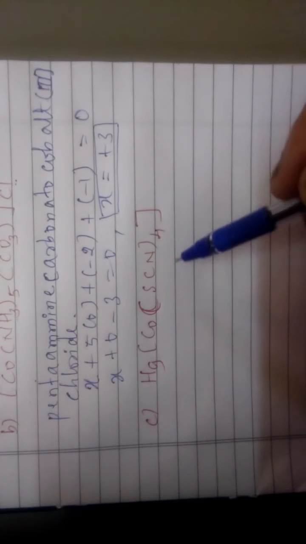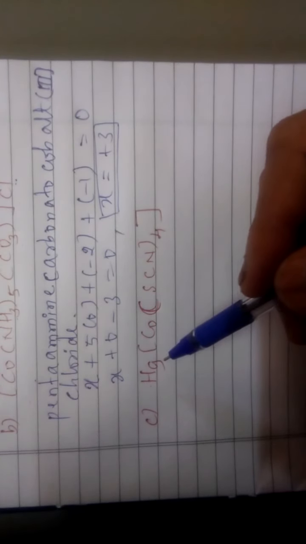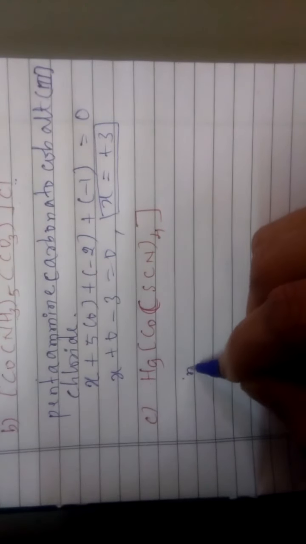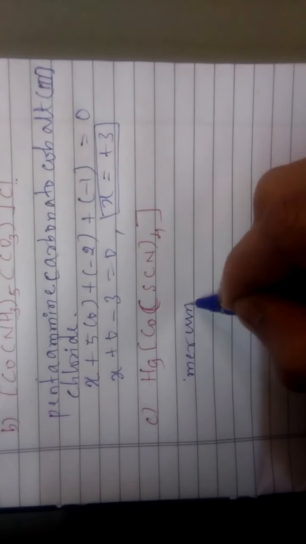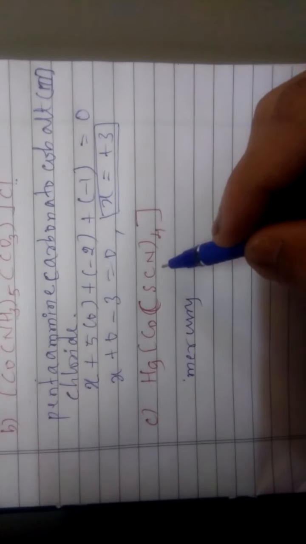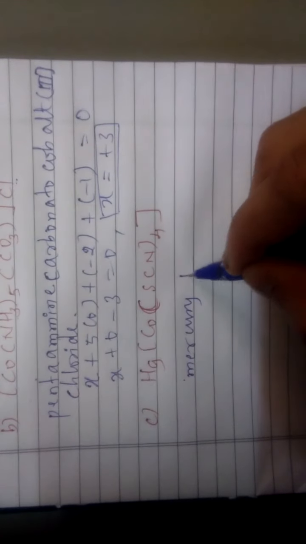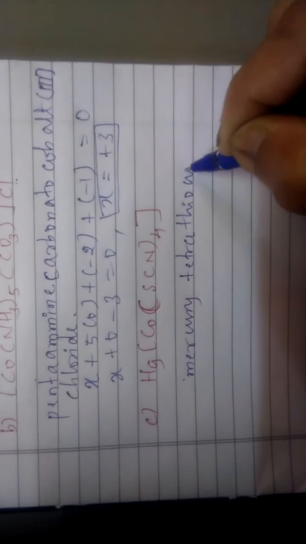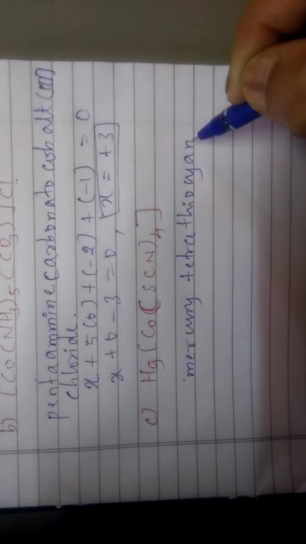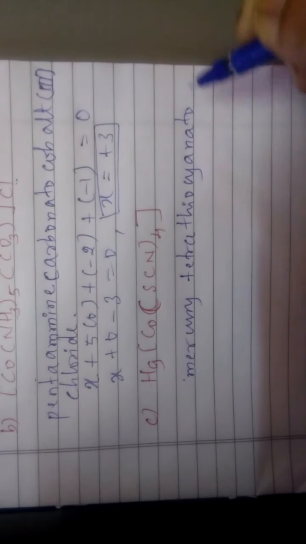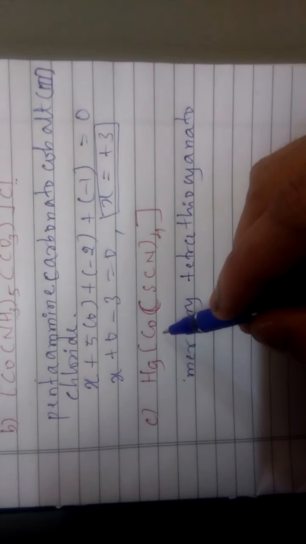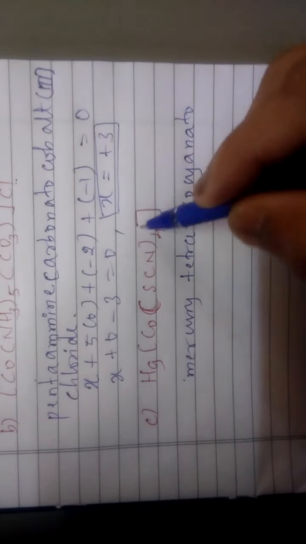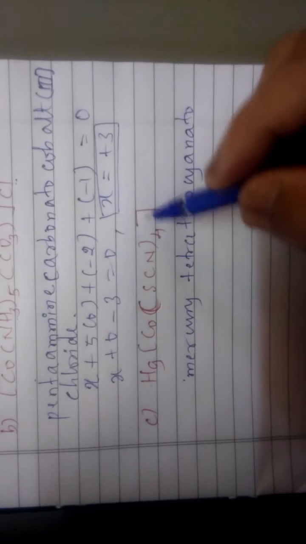Okay, so first you have to name the cationic part of the coordination compound, that is Hg, it is mercury, and now you have to name the ligands, it is tetrathiocyanato. The name of the central metal ion should end with -ate because it is the anionic coordination sphere or anionic complex.